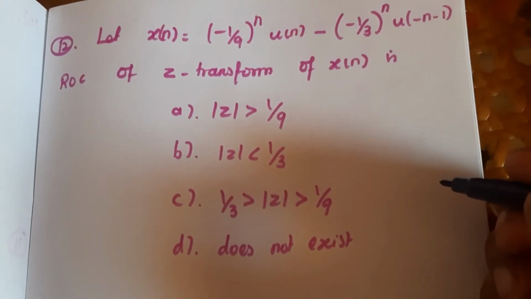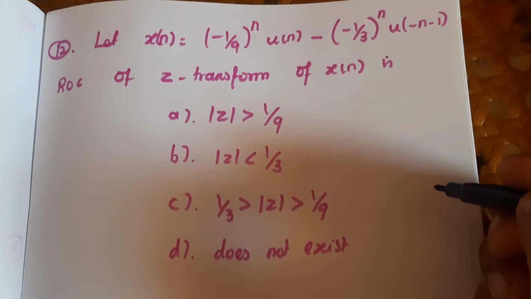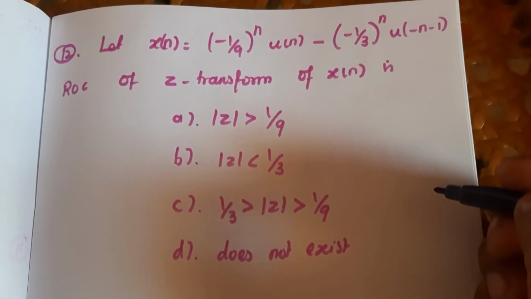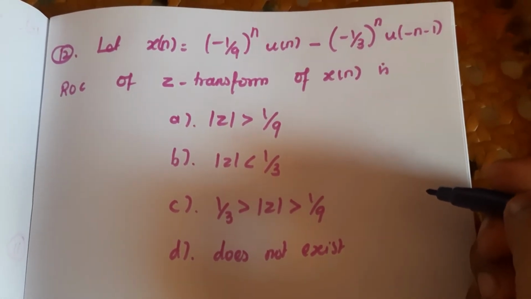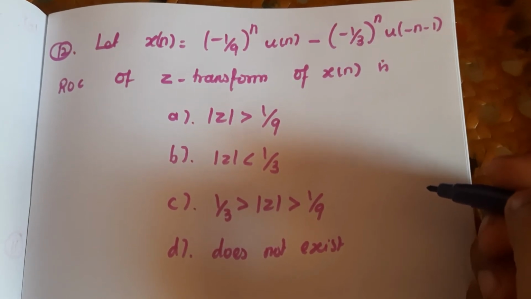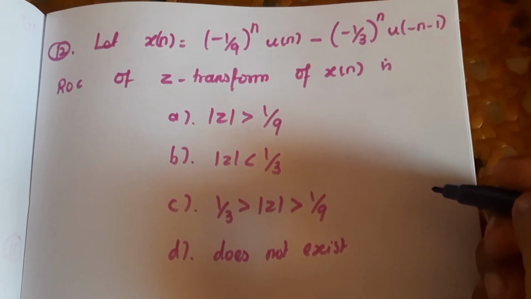Next question, let x of n equal to minus 1 by 9 power n u of n minus 1 by 3 power n into u of minus n minus 1. ROC of Z transform of x of n is?